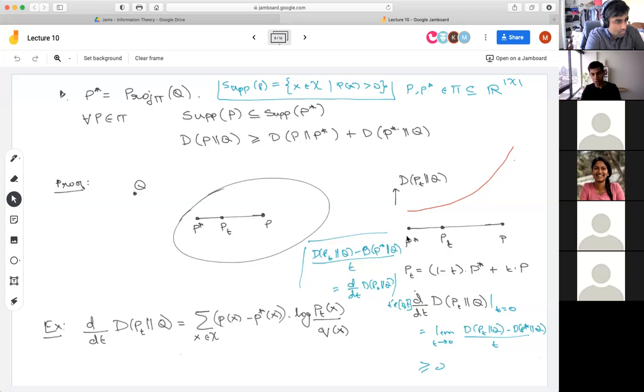And now I push t towards 0, so t prime also gets pushed to 0. And then when t prime is pushed to 0, the right-hand side becomes the derivative.